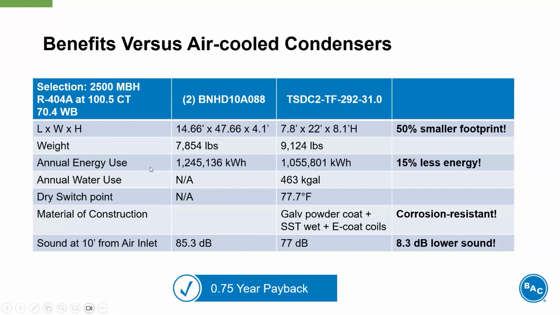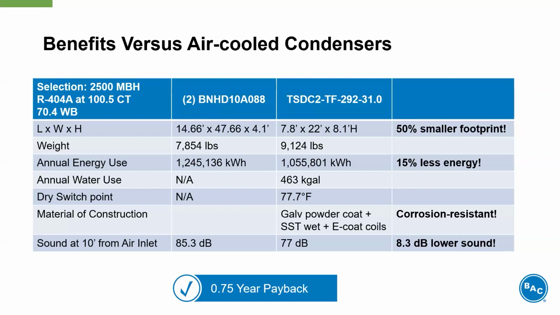Your annual energy use, which is a combination of not just the condensers, but also the compressor rack consumption, 15% less energy in this case. The dry switch point of 77.7. So this adiabatic cooler can operate completely dry if need be, up to almost 78 degrees. You could, of course, design the switch point to be lower than that if you wanted to use water more and capitalize on some energy efficiency.